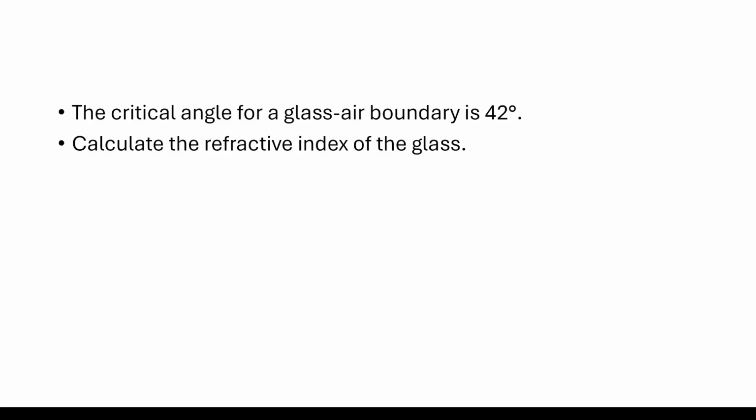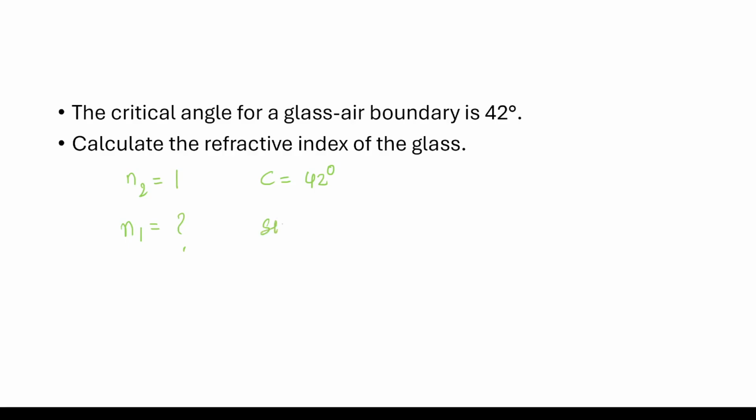Okay, let's go ahead and try and do this question by pausing. Critical angle for a glass-air boundary. So it's going from glass to air, so my N2 is 1. N1 we don't know. Critical angle is given as 42 degrees.